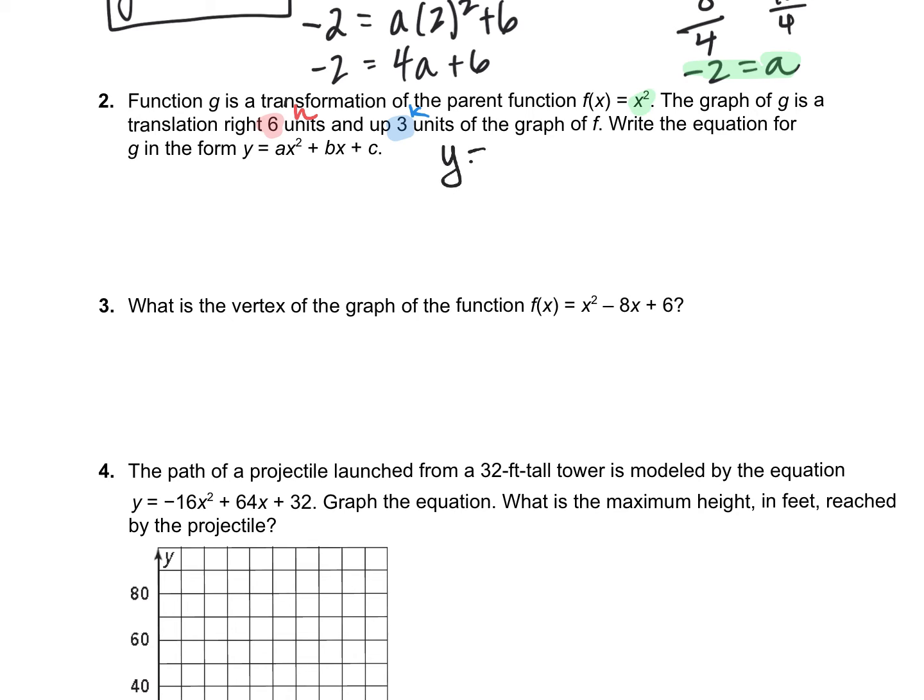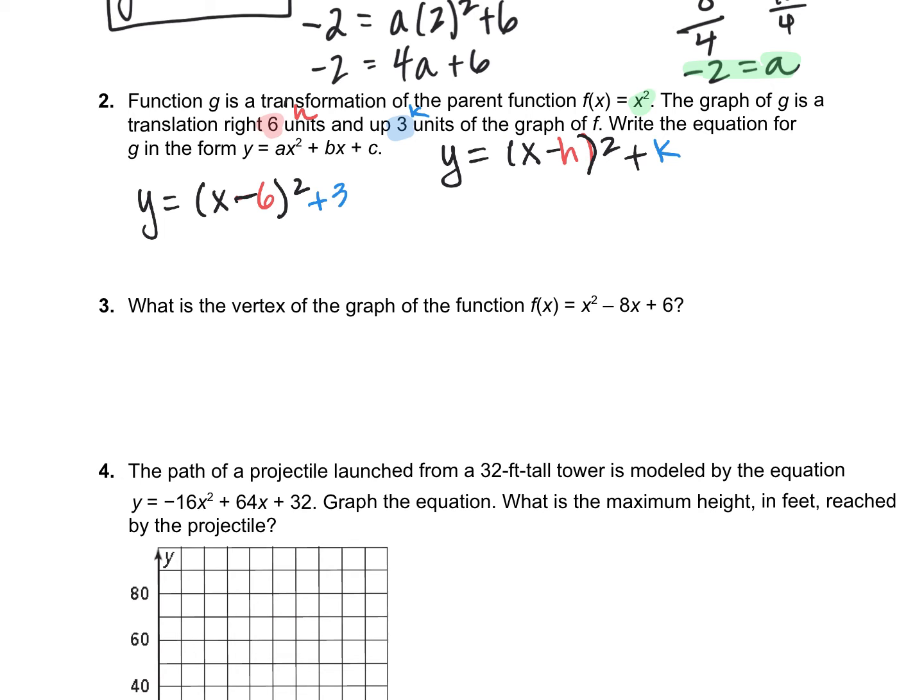So remember, it's y equals x minus h quantity squared plus k. And I'm going to plug in those pieces. So y equals x minus 6 quantity squared. Up 3 is plus 3.